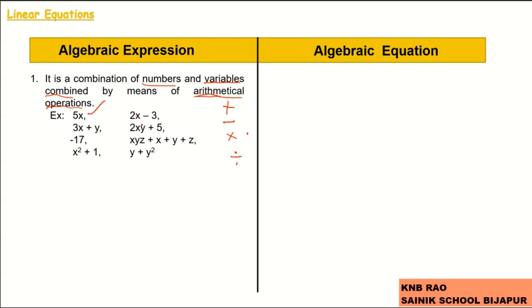5x is one example, 2x minus 3 is another example, 3x plus y is one example, 2x plus 2xy plus 5 is another example. Minus 17 alone can also be called an algebraic expression, which does not have any variable.